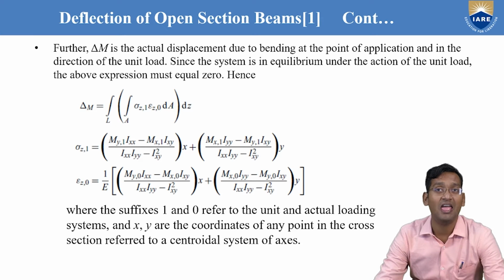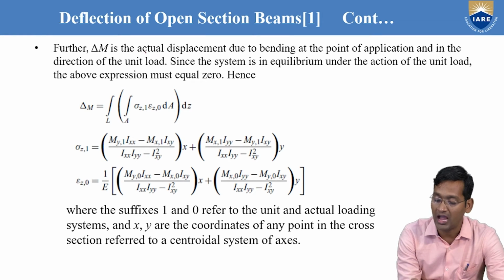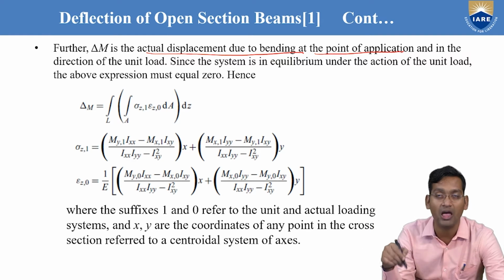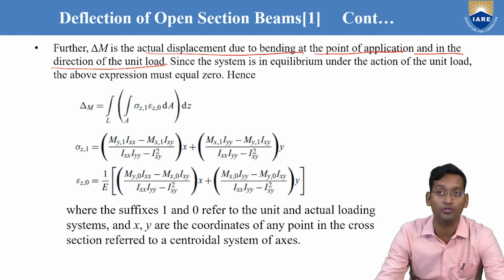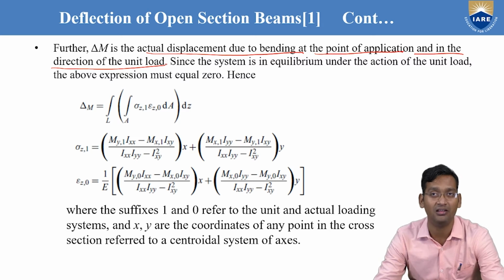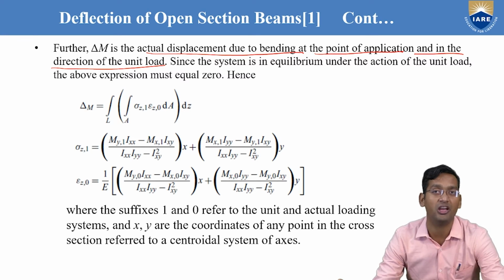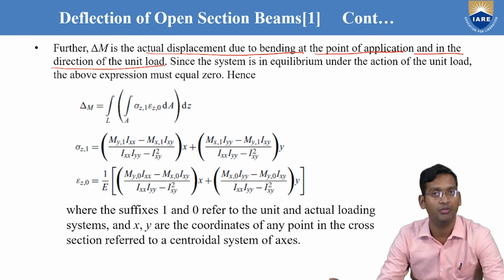Further, delta m is the actual displacement due to bending at the point of application, where we are applying that moment or force, and in the direction of unit load. So the point will be where it's acting, and the direction will be along the direction of unit load. In which direction the unit load is acting, in the same direction delta m will be there.